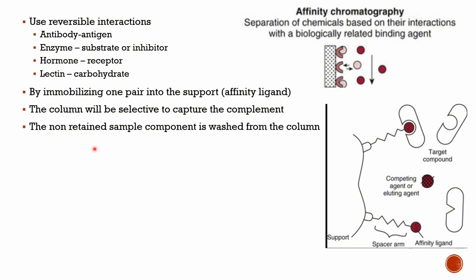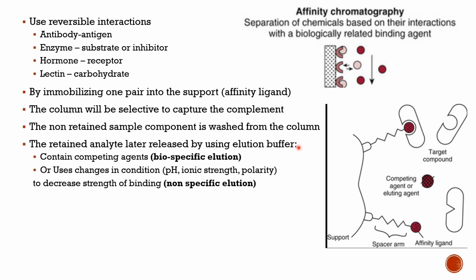Here the column will be selective to capture the complement, and the non-retained sample will be washed from the column. The retained analyte then will be released by another step to wash away the bound component. So it will be released later by an elution buffer that will contain a competing agent, or use changes in pH or ionic strength to allow the release of the bound component.